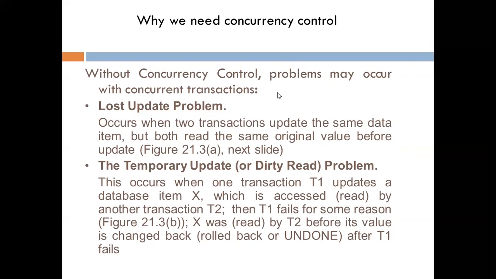When the same value is read, incremented and written back, one of the updates can be lost, because the one that happens at the end will be the one stored in the database.